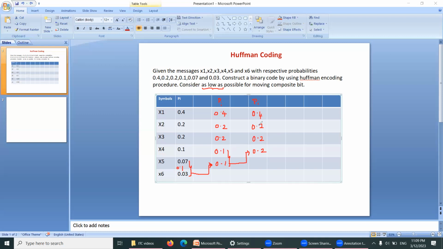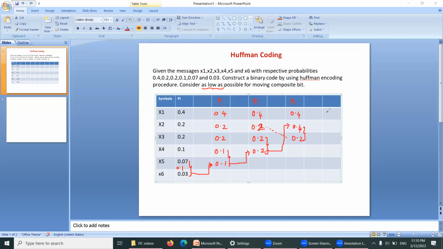Next I add 0.2 and 0.2 and get 0.4. The probabilities should always be in decreasing order, but I cannot place this 0.4 above because I should place it as low as possible, so this 0.4 I place below the other 0.4, and the remaining 0.2 I bring here. Next I add 0.4 and 0.2 and I get 0.6.